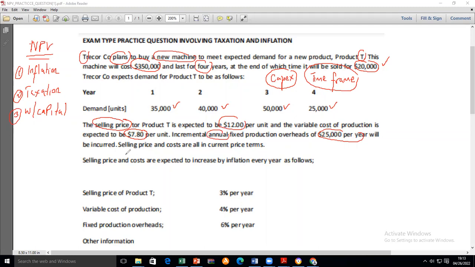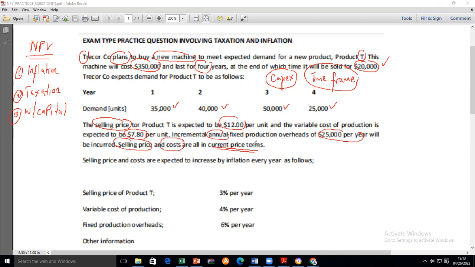Now look at the language of inflation here. We are told that the selling price, the costs are all in current price terms. So what is the meaning of that?